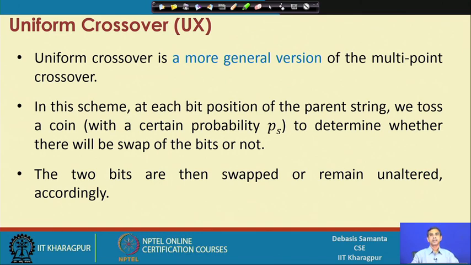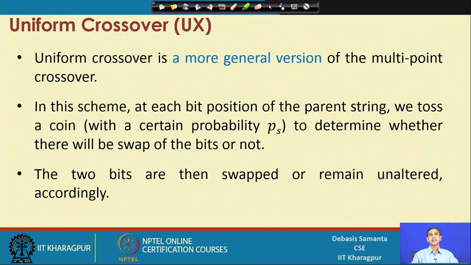In this mechanism we consider the number of k points the same as the number of bits in the chromosome. That means each bit position of the parent string can be considered a k point, but here we can make a toss for each bit position whether they will be swapped or not. Swapping will result in a new offspring.